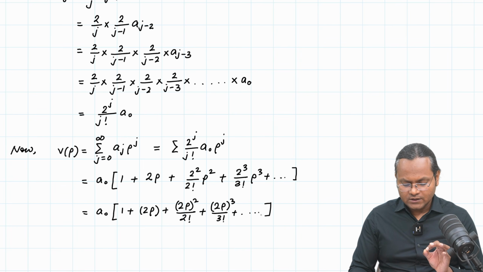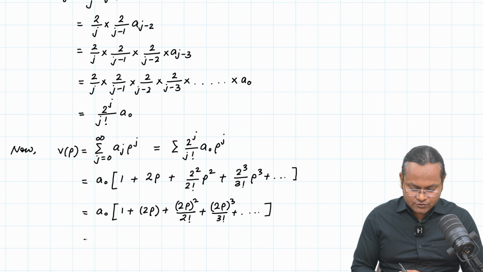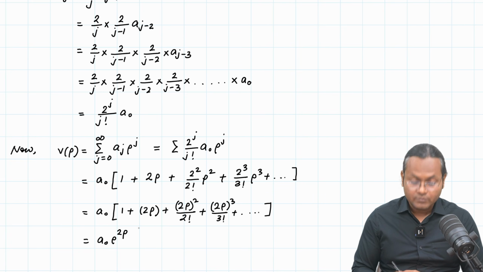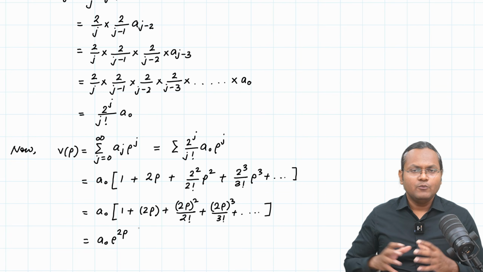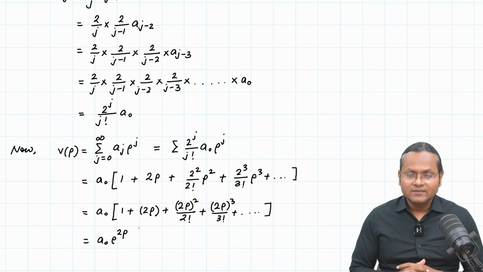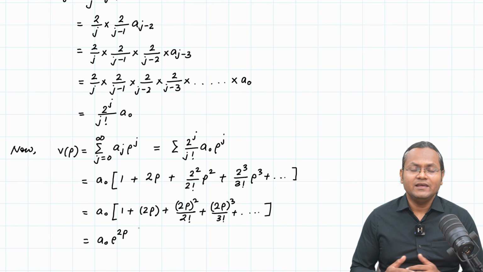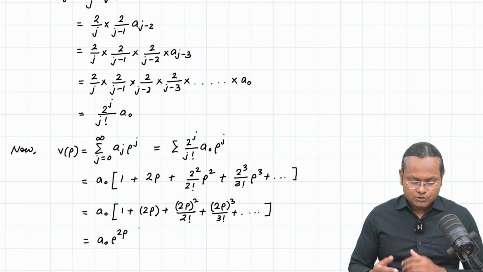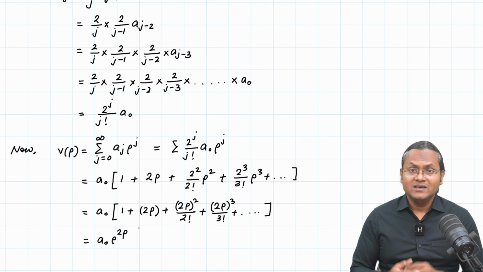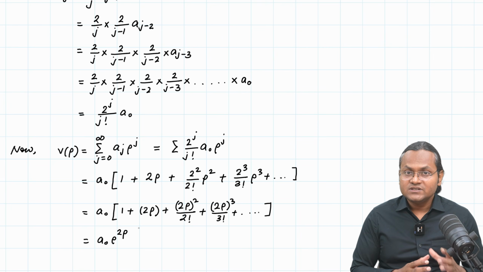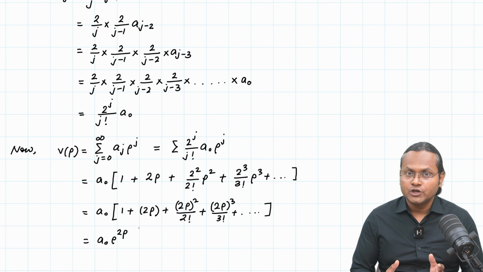This is nothing but the very common exponential function. So this can be written as a naught e to the power 2 rho. Again, keep in mind that I'm only looking at the behavior of the solution for very large values of j. For very large values of j, the stitching function will approximate this exponential function, e to the power 2 rho.